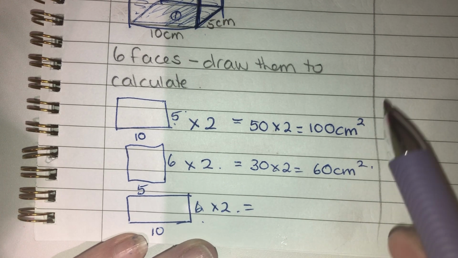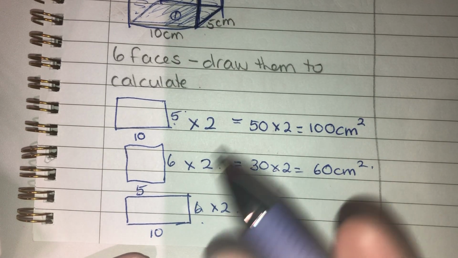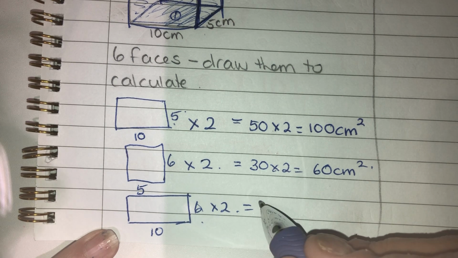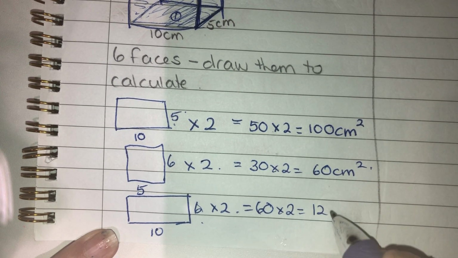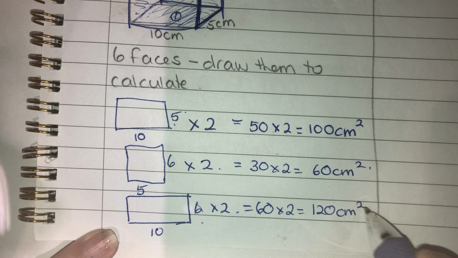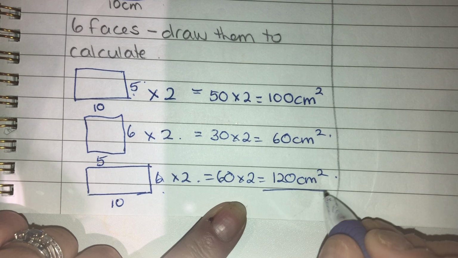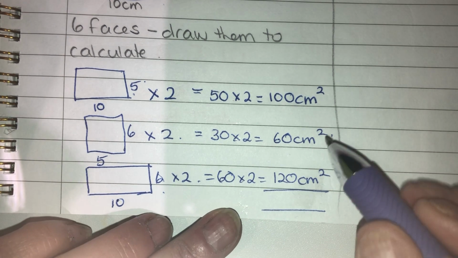So now we have done bottom, top, 2 ends. Now we're up to the front and the back. And that is 10 by 6, which is 60. And we're going to multiply them by 2. So we have 120 centimetres squared for those 2. Now, we have to add all those together, because the surface area is going to be when we add all of what we have.